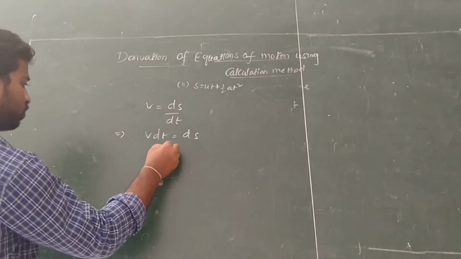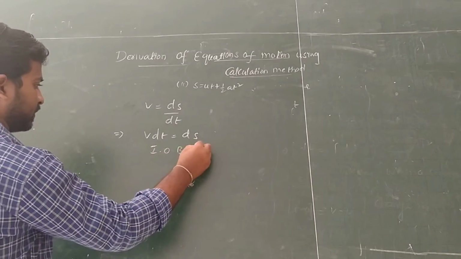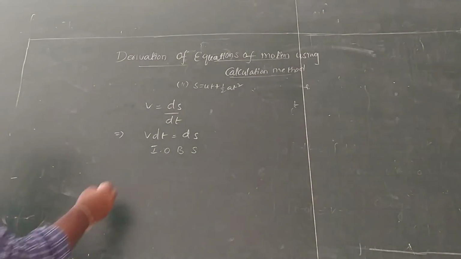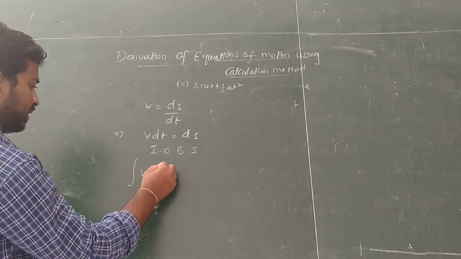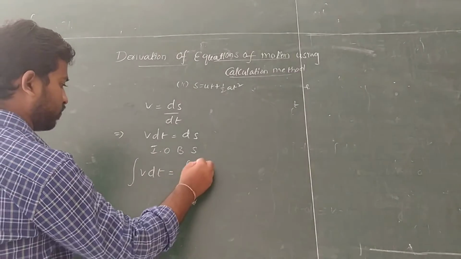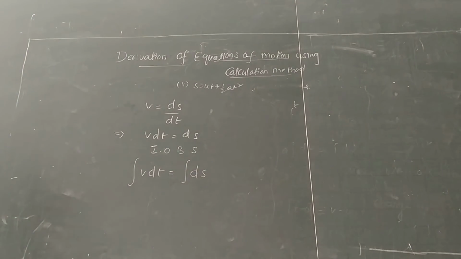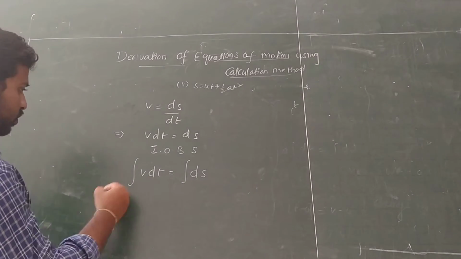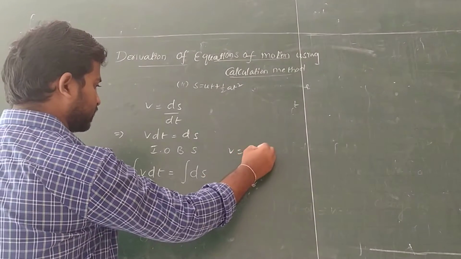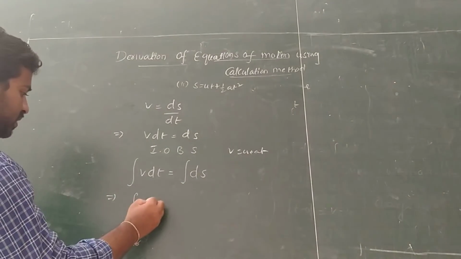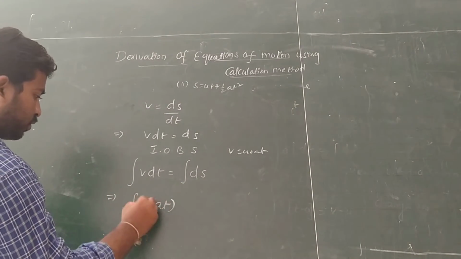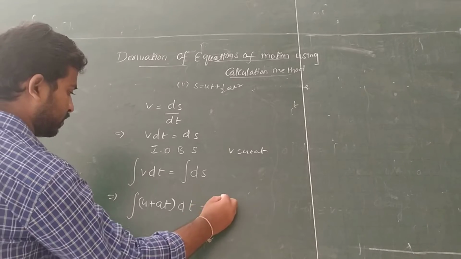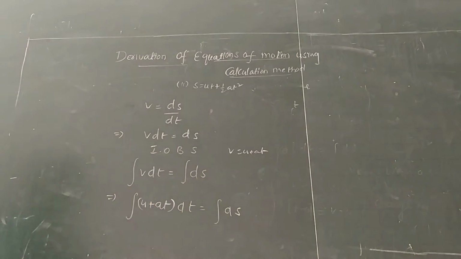So now integration on both sides, then we will get integration of v dt equal to integration of ds. Now, we know v equal to u plus at. So substitute that, then integration of u plus at into dt equals integration of ds.